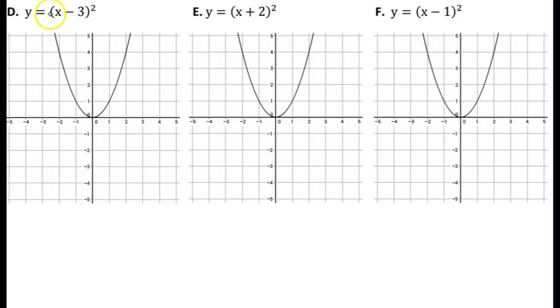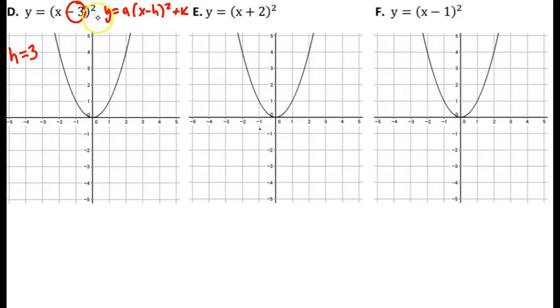So again, no number out in front of a, so that's just normal. My h value here, remember, as I said at the beginning of this lesson, it's supposed to be negative, so y equals a times x minus h quantity squared plus k. It's supposed to be a negative here. So my h value is going to really be the opposite of this, which is positive 3.